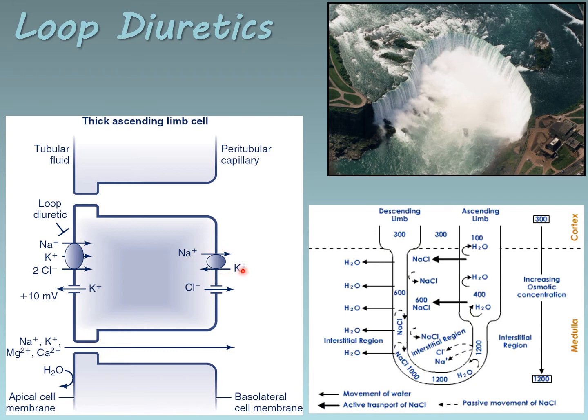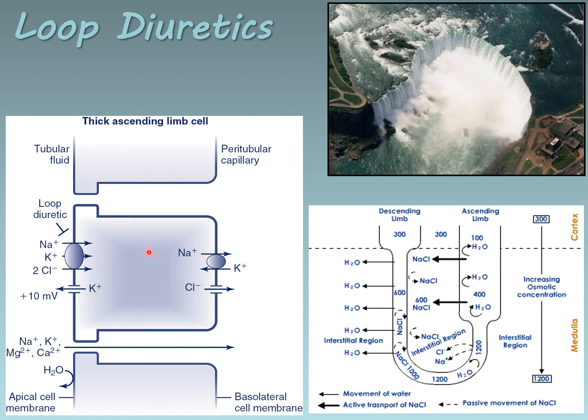So here's the wall of the ascending loop of Henle. Those of you who have studied sodium-potassium ATPase, this is the energy input. We pump sodium out, potassium in, we're using ATP right here. Well, the concentration of sodium is very, very low inside the cell. So sodium wants to move through that cell, through this way, and it brings potassium and chloride along with it. It's a form of secondary active transport for these things.